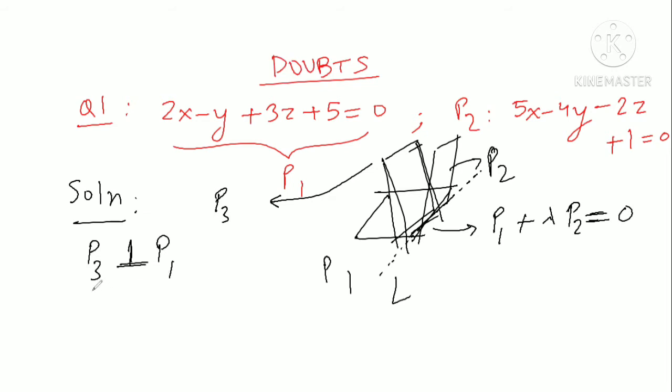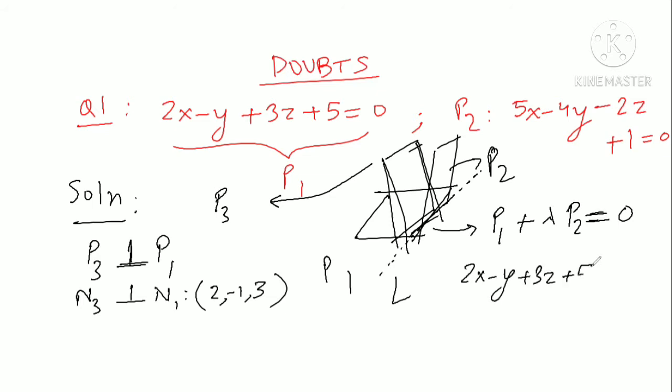So the normal for P3, say N3, will be perpendicular to the normal N1. Now direction ratios for the normal for P1 are 2, minus 1 and 3. And if we write the equation for P1 plus lambda P2: 2x minus y plus 3z plus 5 plus lambda times (5x minus 4y minus 2z plus 1) is equal to 0.